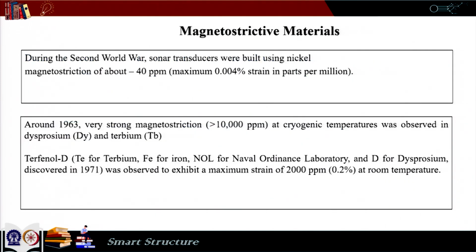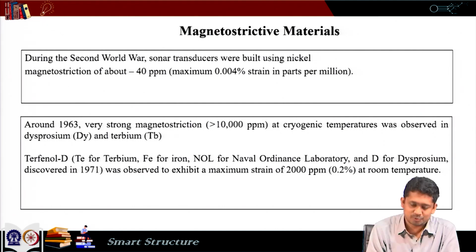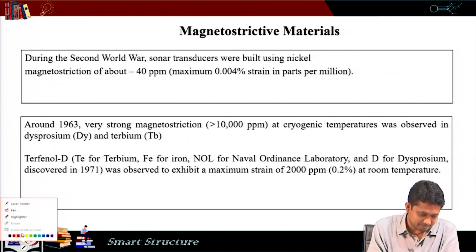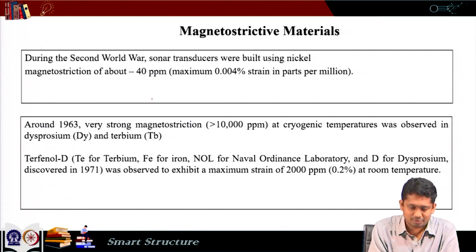So, here we will see some applications of magnetostrictive materials. During the Second World War, sonar transducers were built using nickel, where we find magnetostriction of about 40 ppm. So, here a maximum of 0.004% strain, 40 parts per million, was observed. Then in around 1963, strong magnetostriction of more than 10,000 ppm at cryogenic temperatures was observed in the materials dysprosium and terbium.